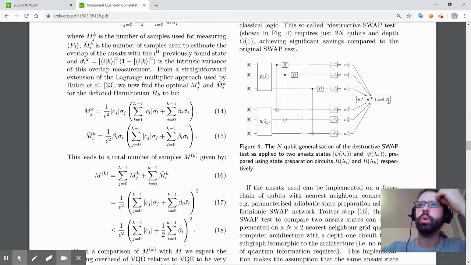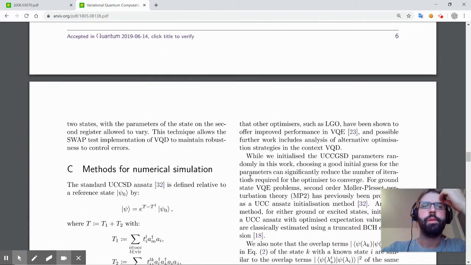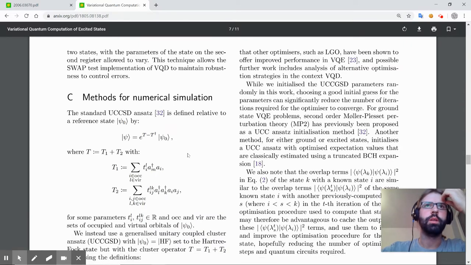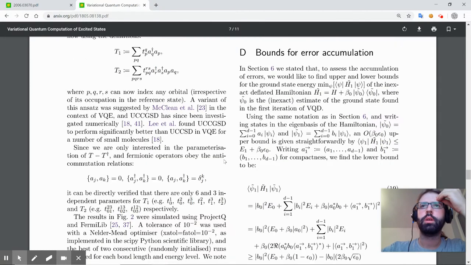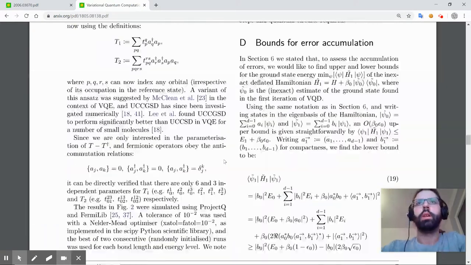There is a better way to do that than what I'm using for the VQLS thing. It's a modular multiplication. Okay. What's from numerical simulation? Okay, the references. I want to take a look at the algorithm itself.